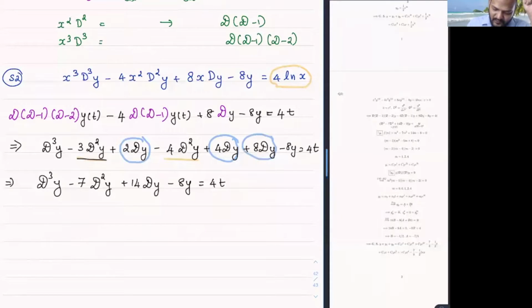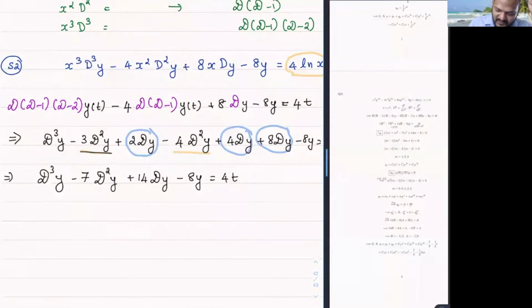All right, so now if I find the characteristic equation for this, the characteristic equation is going to be m cubed minus 7m squared plus 14m minus 8 for the homogeneous part, right? Now I'm trying to find the yc.